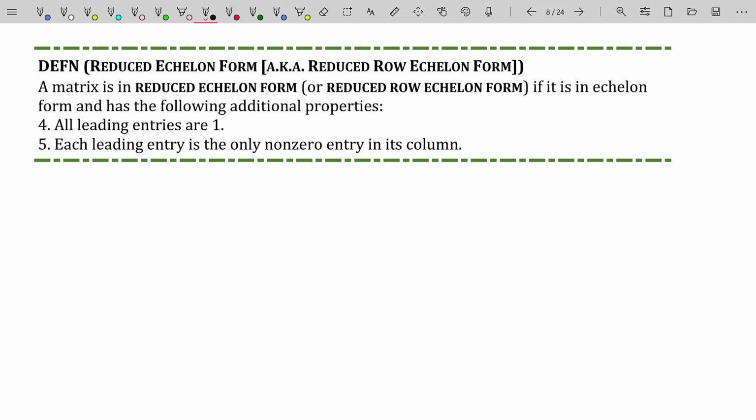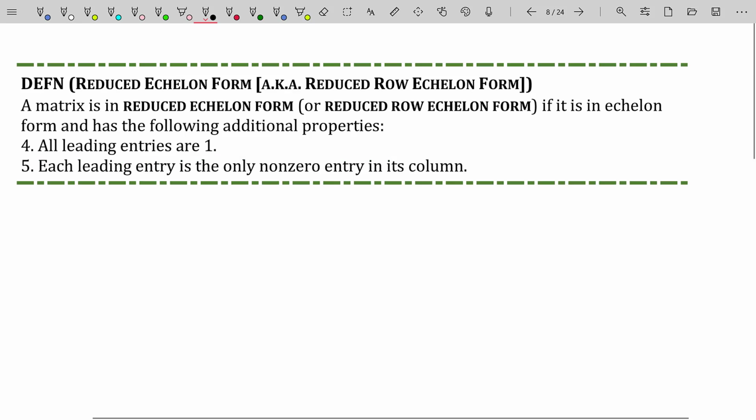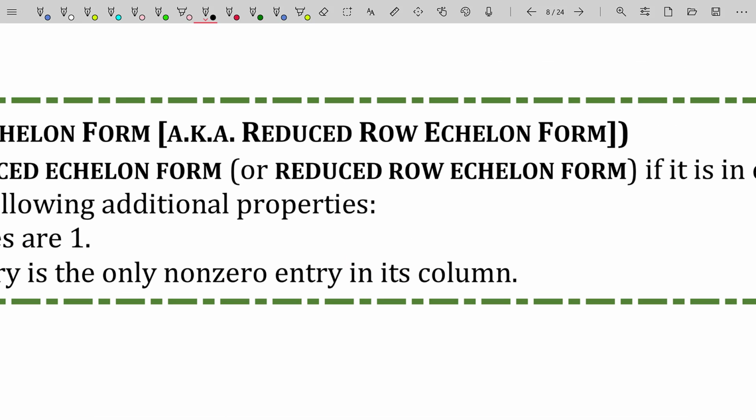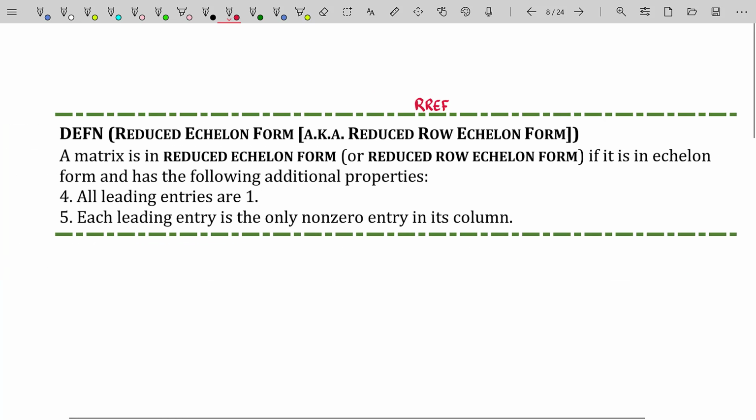Now to continue our conversation about echelon forms, we go one step deeper into the world of echelons, and we get to reduced echelon form, which most people call reduced row echelon form. Some people call it row reduced echelon form. That kind of means the same thing, but the shorthand that we're going to use is RREF, reduced row echelon form.